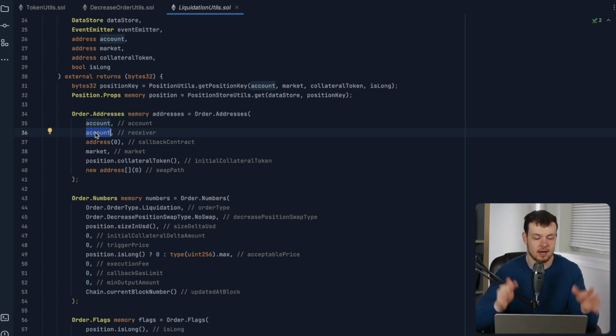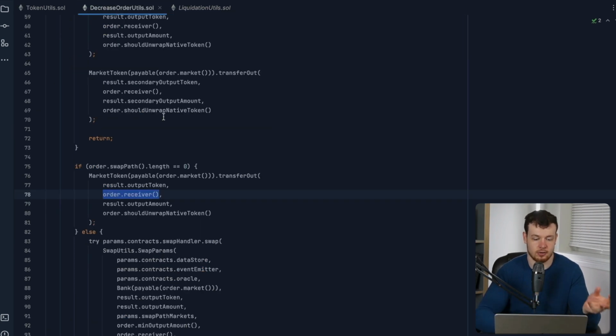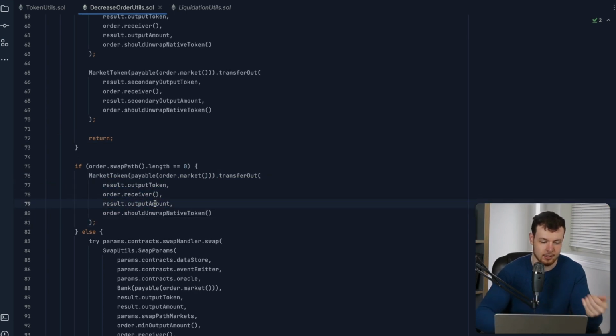Now the account can have those tokens as its collateral, and it could also have those tokens as its P&L token, but in this case you would want it to be the collateral. And then voila, you literally have a position that cannot be liquidated as long as the keeper is trying to transfer some collateral that's left over back to the receiver.